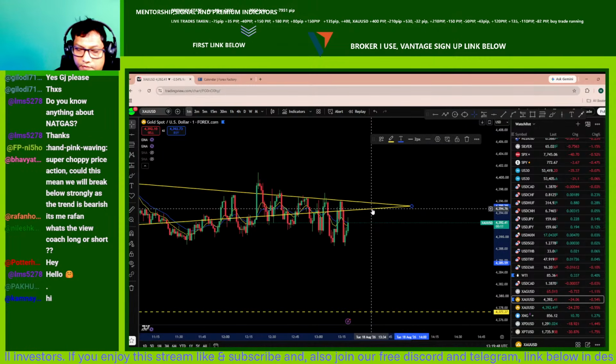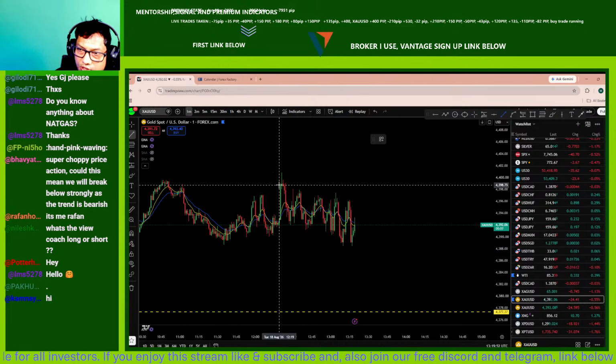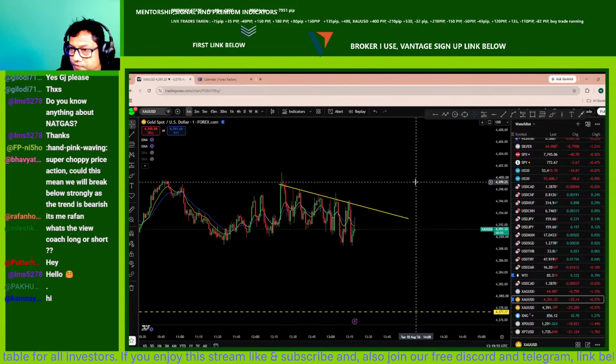So this is a very unclear market structure that you can see here in this zone.